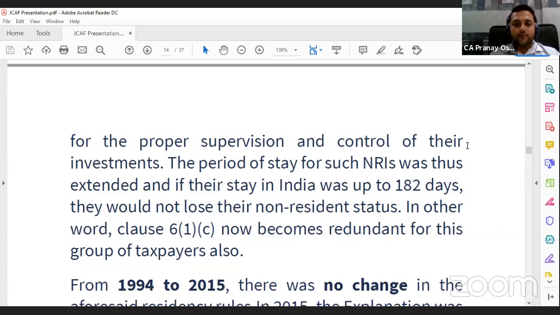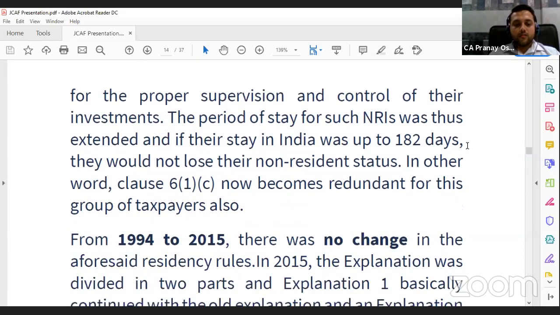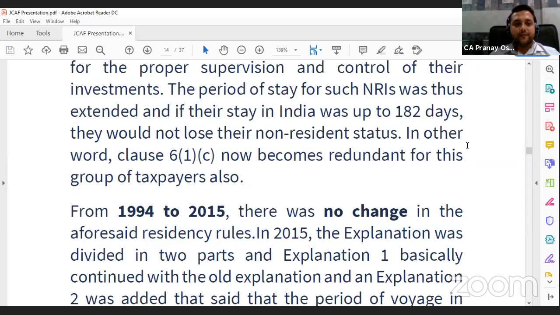Henceforth, the amendment was made, and the number of days was increased to 182. So now the period of stay for NRIs was 182 days, and still they would not lose their non-resident status. After all this, from 1994 to 2015, there was basically no change in the aforesaid residency rules.